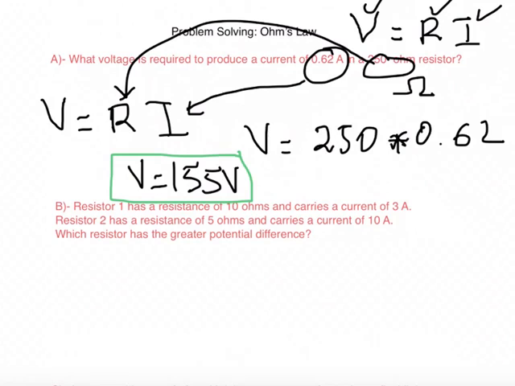A resistor 1, what we call R1, has a resistance of 10 ohms, and it carries a current of 3, let's put one decimal place here, so 3.0 amps.